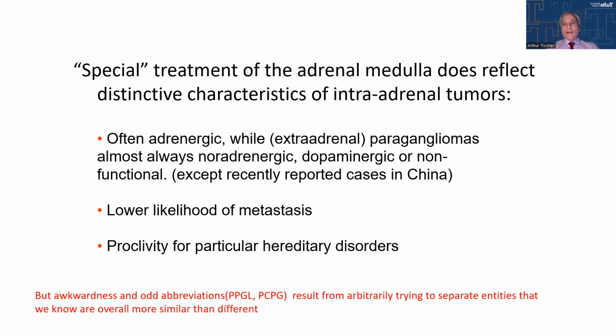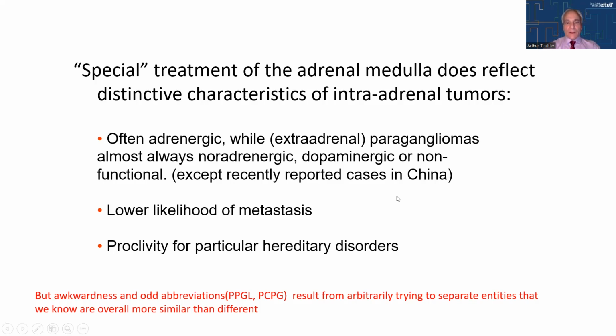Now, although the nomenclature was arbitrary, the special treatment of the adrenal medulla does in fact reflect some distinctive characteristics of intraadrenal tumors. They're often adrenergic, that is, they produce adrenaline or epinephrine, while extraadrenal paragangliomas are almost always noradrenergic, dopaminergic, or non-functional, with the exception of a recently reported group of adrenergic pheochromocytomas in China.